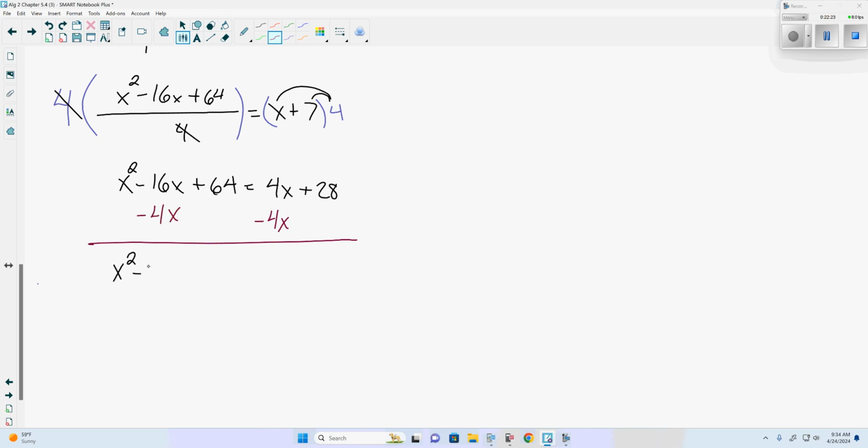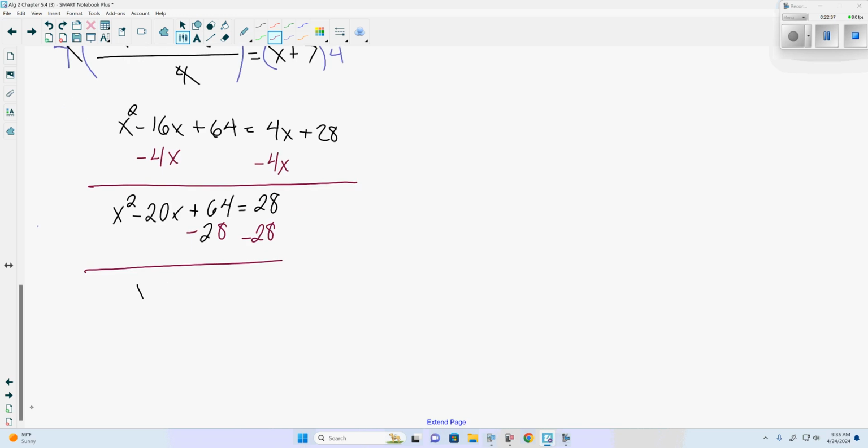So we have x squared minus 20x plus 64 is equal to 28. And then we'll minus our 28 over and get x squared minus 20x plus 36 is equal to 0.